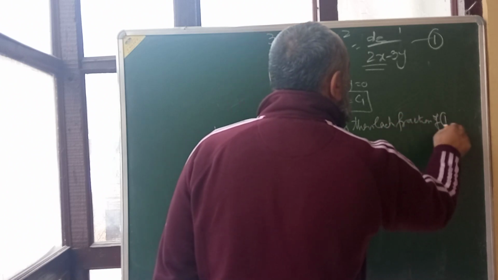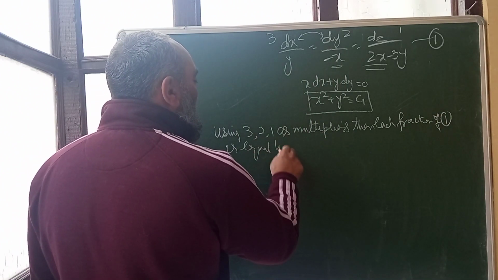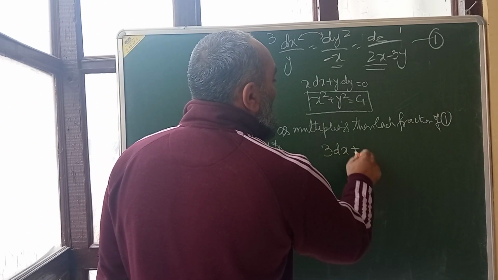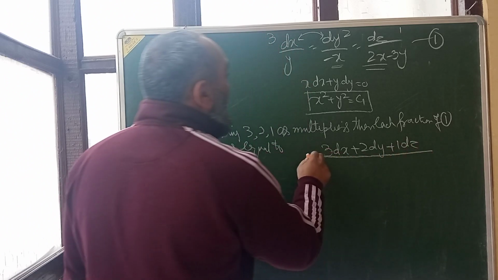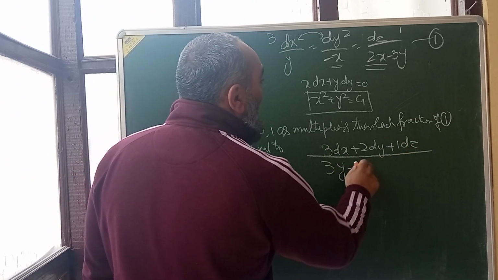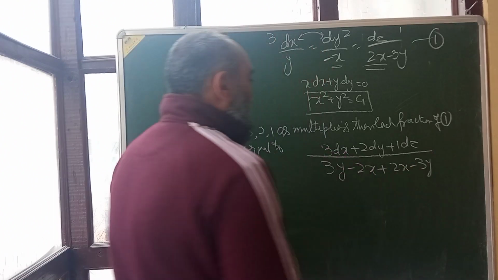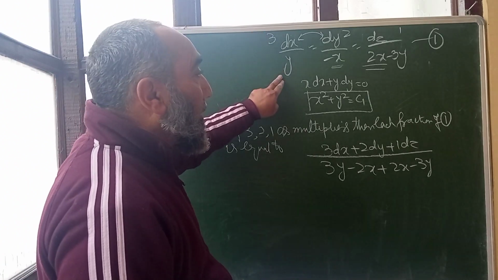Each fraction is equal to 3 dx plus 2 dy plus 1 dz divided by 3y minus 2x plus 2x minus 3y. I have multiplied this by 3 in the numerator as well as in the denominator.